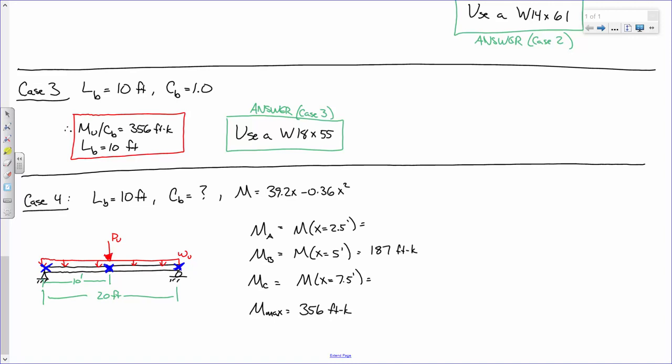All right. Now, can somebody plug in X equals 2.5 here and X equals 7.5 here? Tell me what you're getting for your values. What are we getting for MA? 95.75.